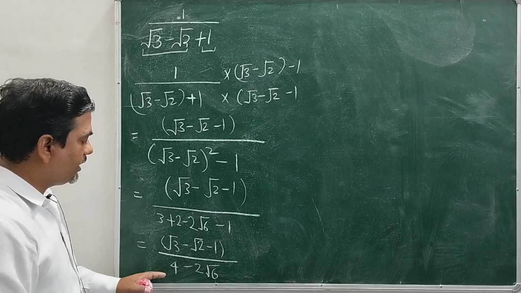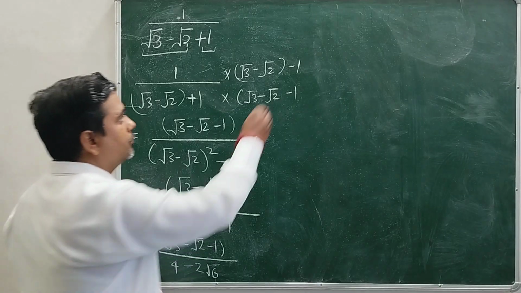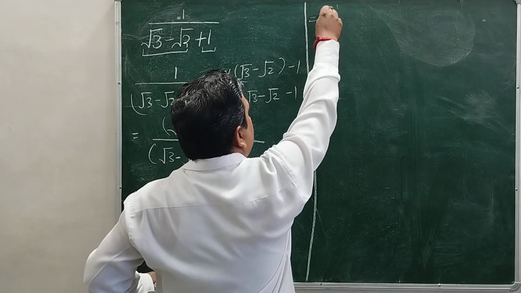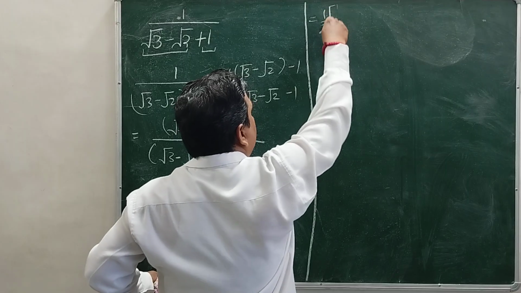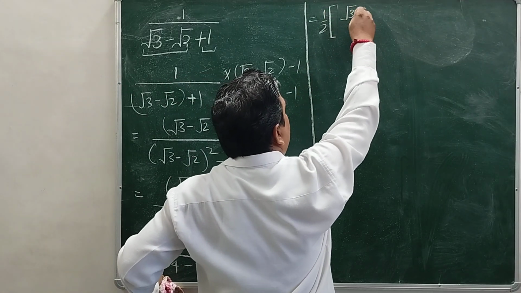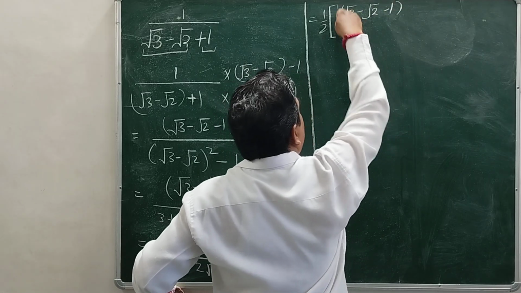Okay. So now here you can see that in the denominator 2 is common. So what we do? We take the 2 common. So now you take the 2 common outside. So what we have in the numerator, that will be root 3 minus root 2 minus 1.